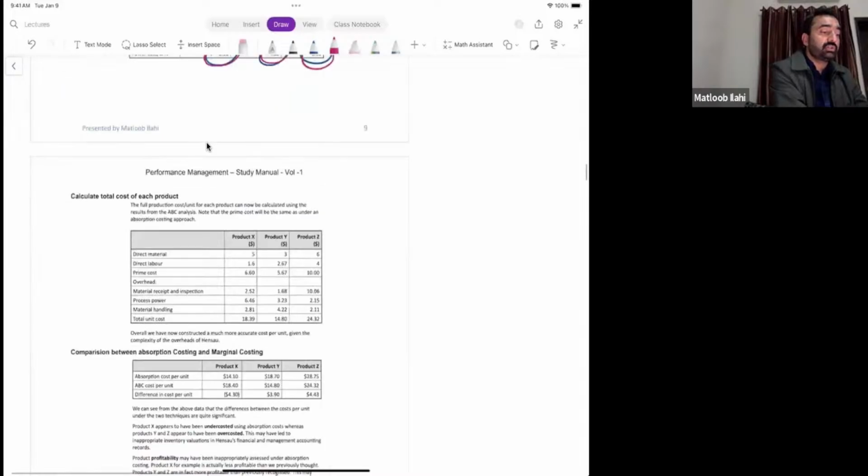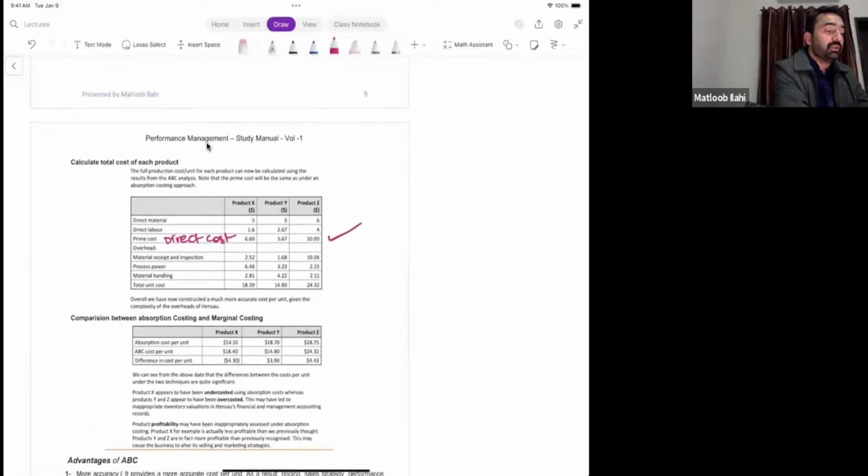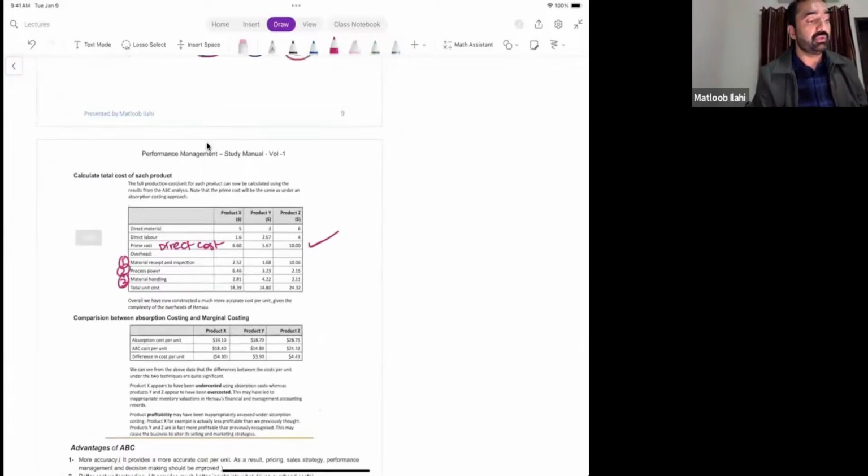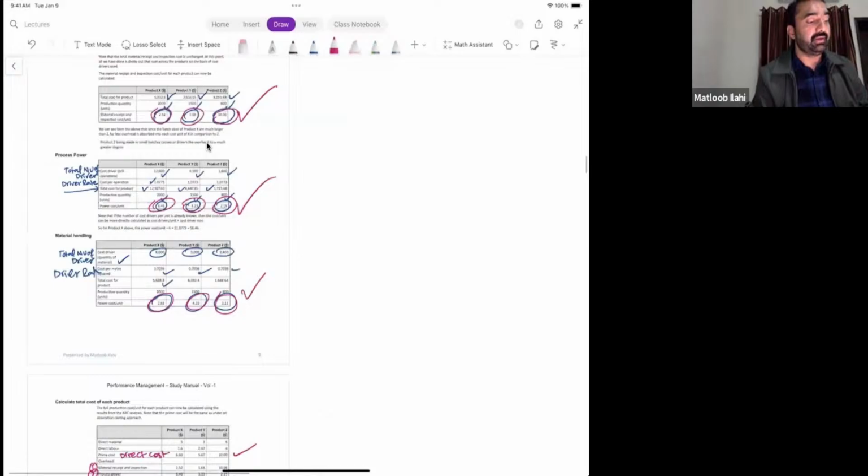You know, this is the direct cost. We had done already, and here is material receipt and inspection. This is the process power, and this is the material handling cost from the previous three tables. You can see it here.